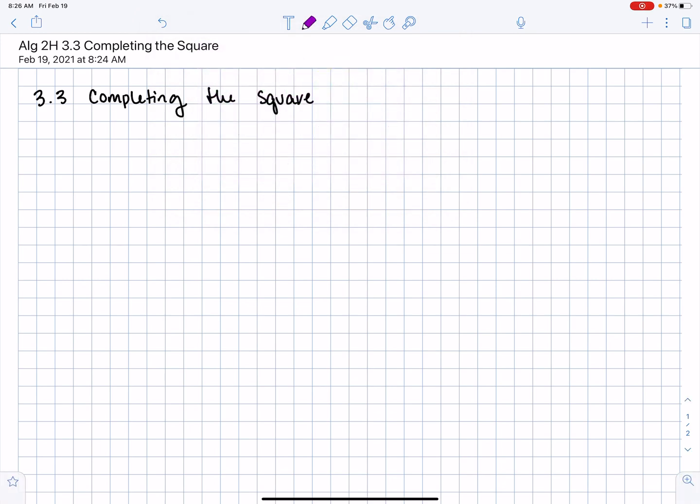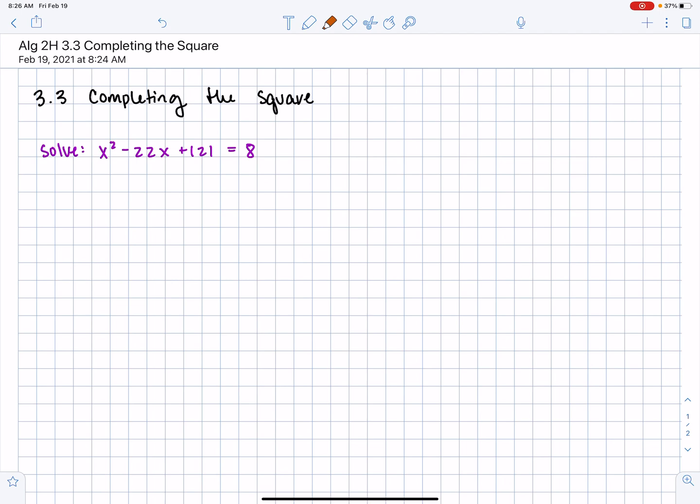So I'm actually going to go ahead and start with, can we solve this quadratic? x squared minus 22x plus 121 is equal to 8. Now, normally when we'd solve this, we would set it equal to 0 and go from there.